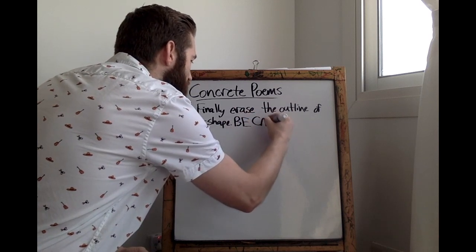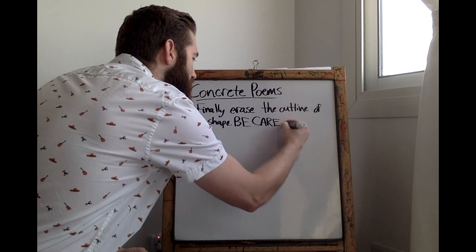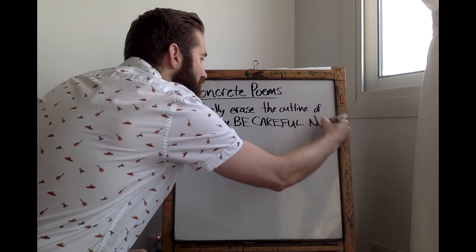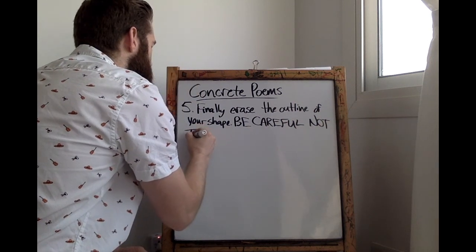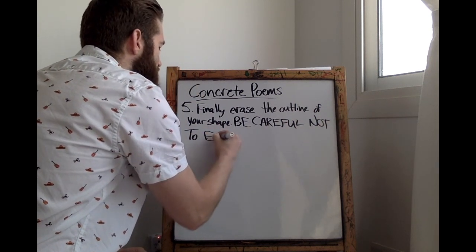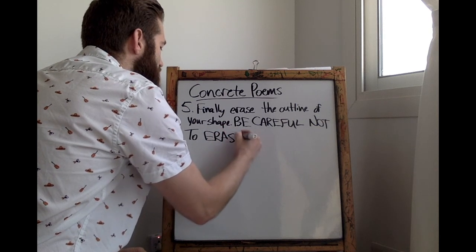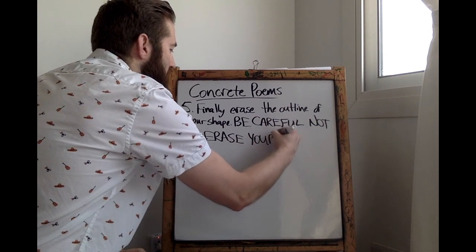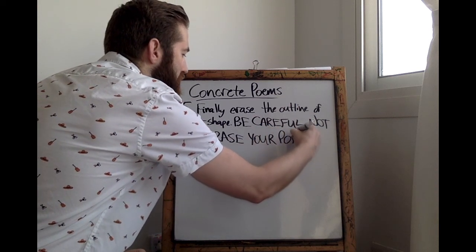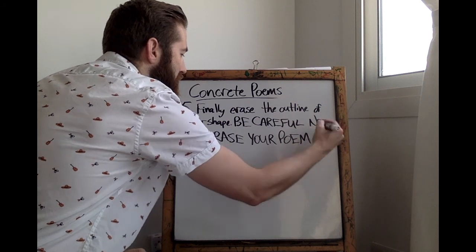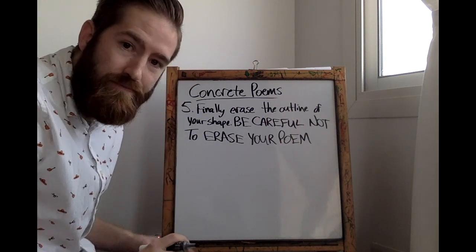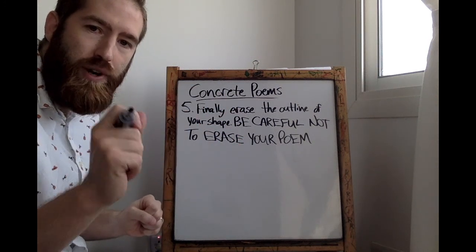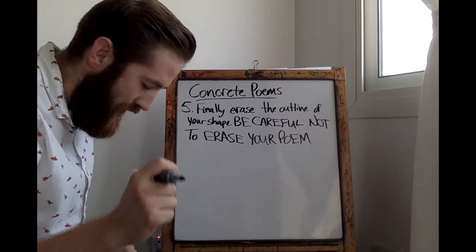Be careful not to erase your poem. Because when you lose your outline, it might not look the same. You might make a mistake. Be careful not to erase your poem, just the outline.